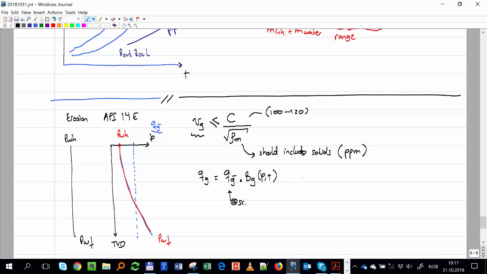What is the behavior of BG with pressure? It's something like that, right? It's a number smaller than 1, usually between 0.1 and 0.01. It's a very small number.